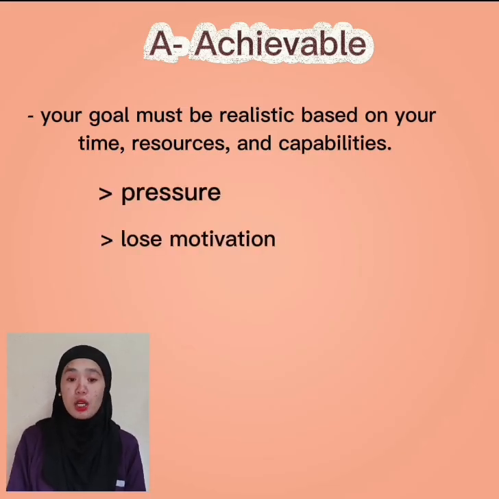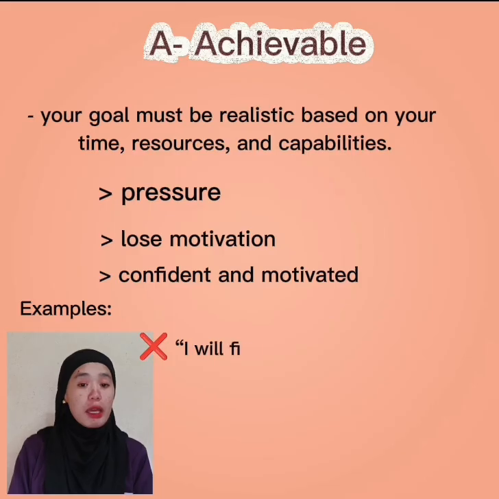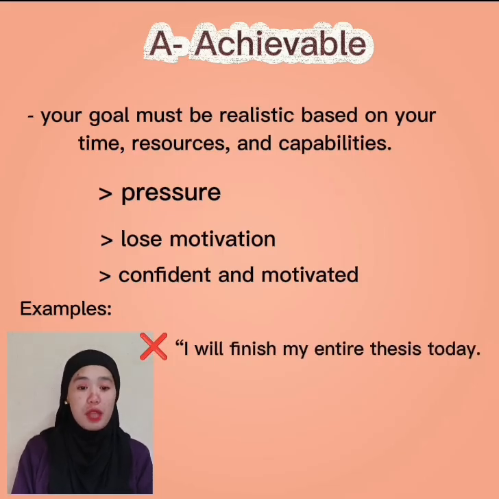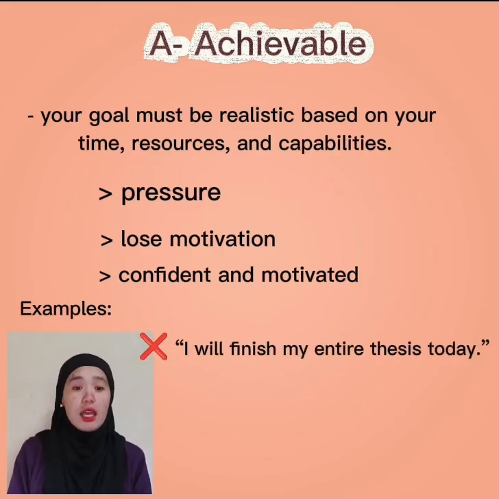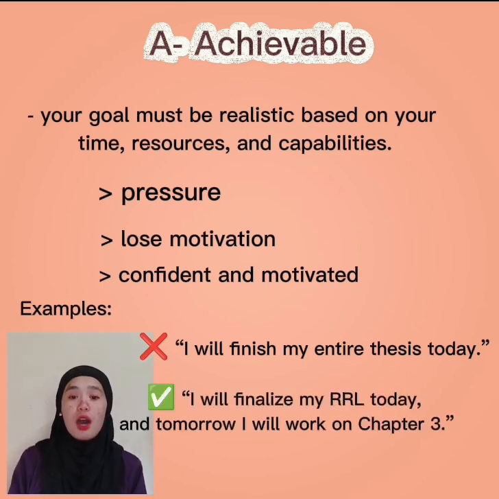But if it's broken into smaller steps, you feel confident and motivated. Example, I will finish my entire thesis today. So you will say something like, I will finalize my RRL today and tomorrow I will work on chapter 3. The second goal is realistic and doable.